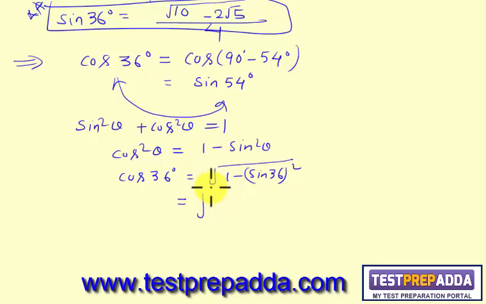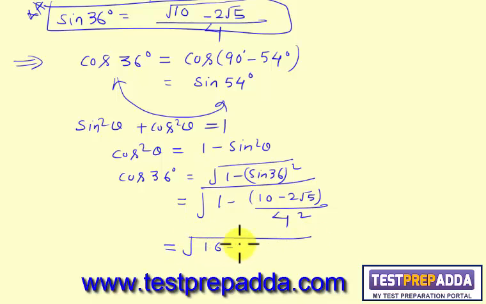So now I'll substitute sine 36, that is root of 10 minus 2 root 5 upon 4. Since it is square, initially it was root, the root will be removed, but it becomes 4 square in the denominator. So finally it comes as root of 16 minus 10 plus 2 root 5 upon 4, and the value comes as root of 6 plus 2 root 5 by 4.